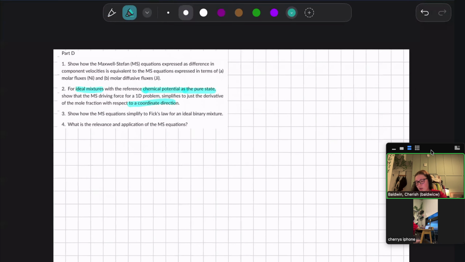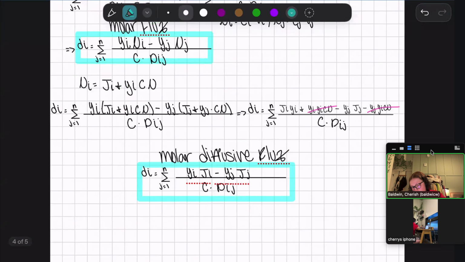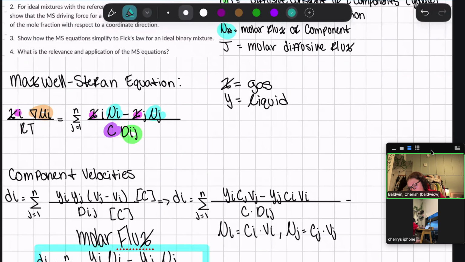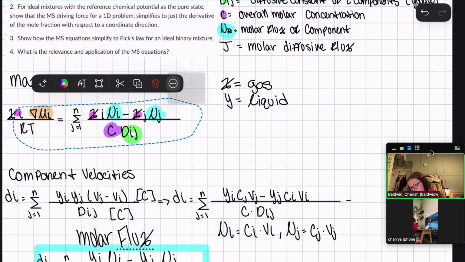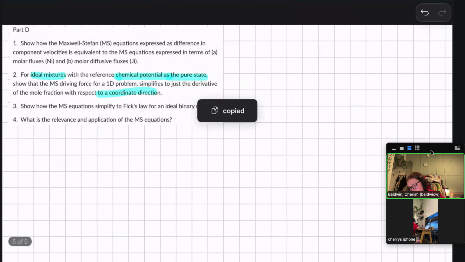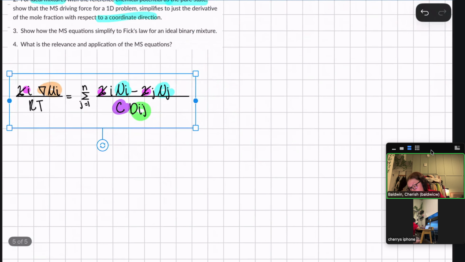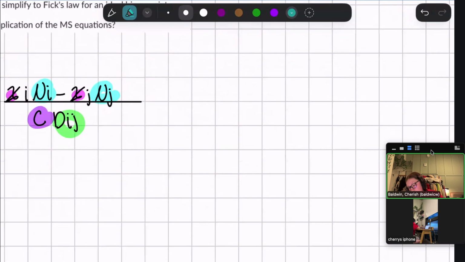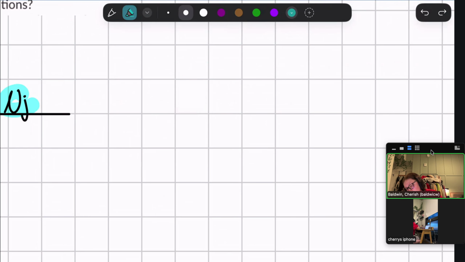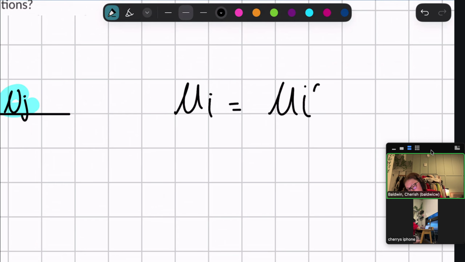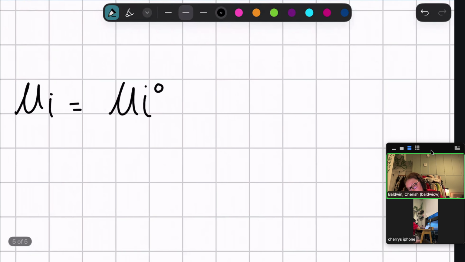So we are going to take the general Maxwell-Stefan equation and in this set the chemical potential equal to the chemical potential at standard state.